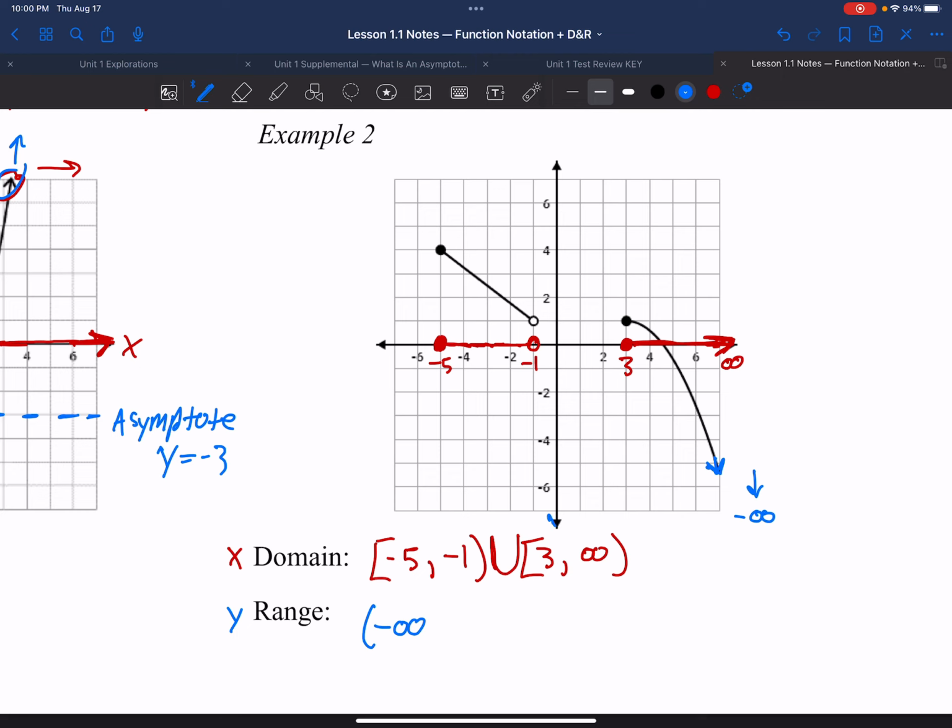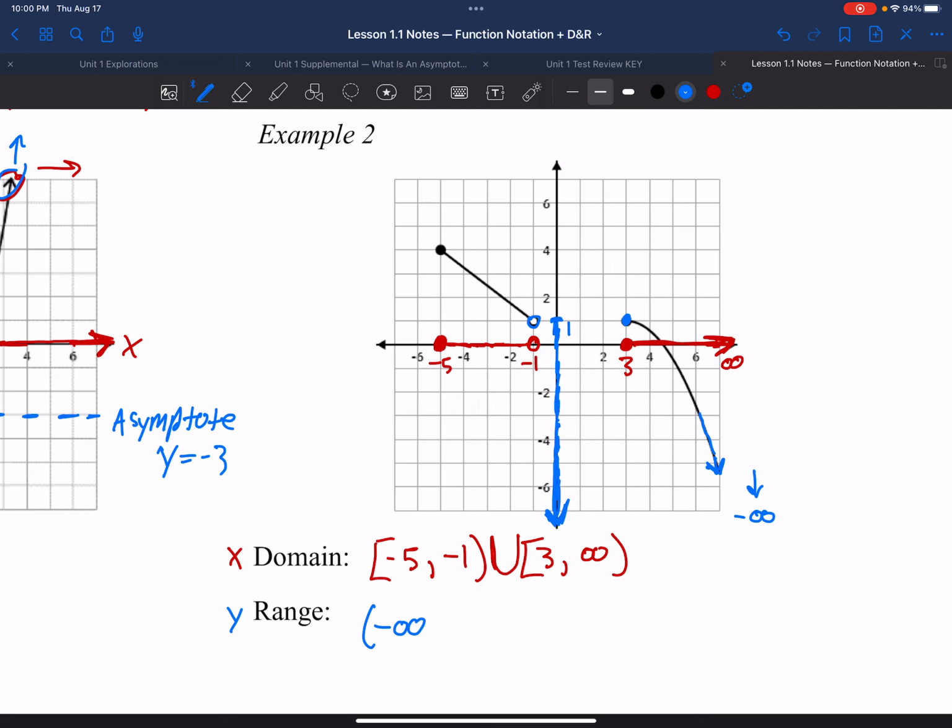It's going all the way down forever, and we're going to follow the function up like this, and keep going up, and we get right here at 1. That's 1, and it's filled in here at 1, but it's an open circle right there.